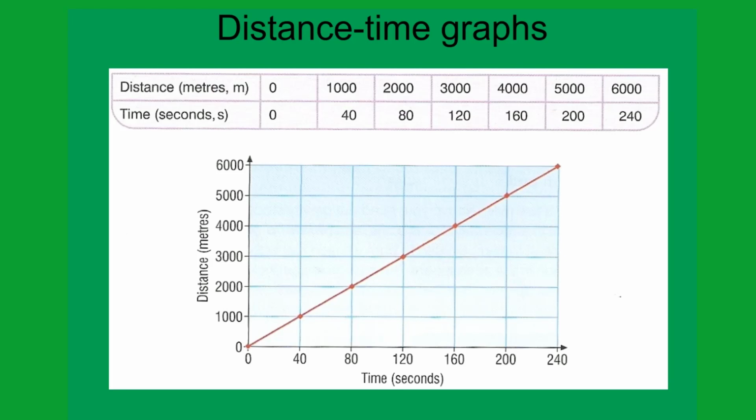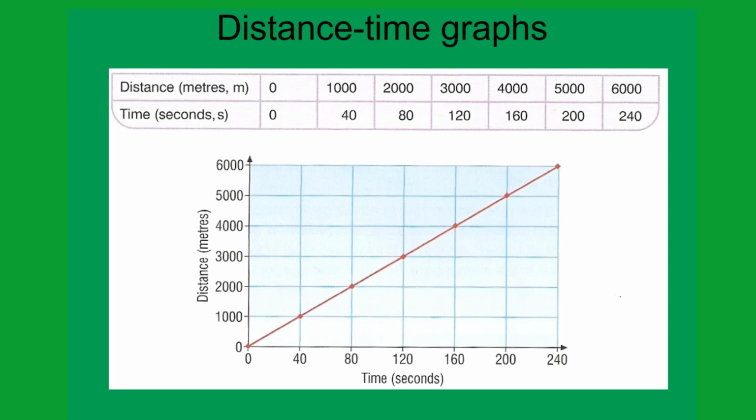When time is 80 seconds, the distance is 2000 meters. Similarly, when time is 120 seconds, distance is 3000 meters. When time is 160, distance is 4000 meters. When time is 200 seconds, distance is 5000 meters. When time is 240 seconds, distance is 6000 meters.